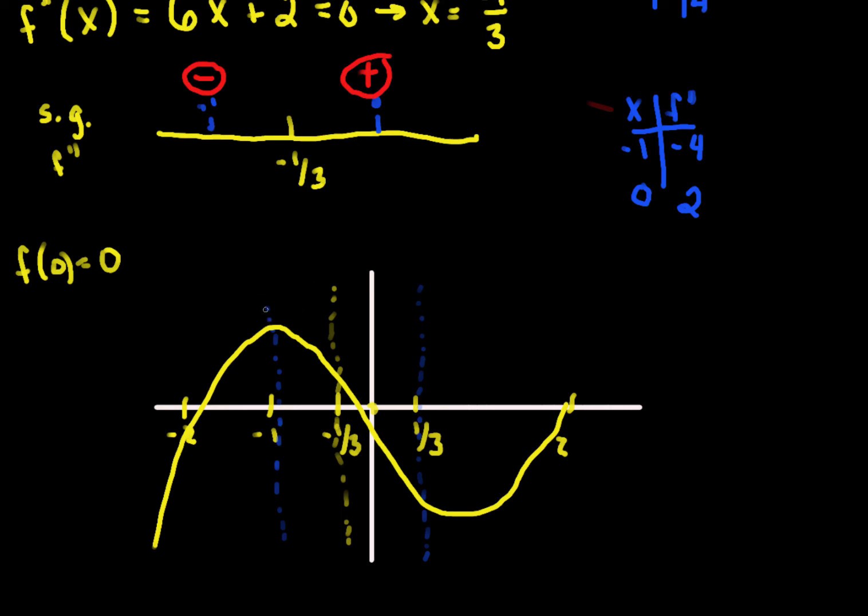So some features we're missing. We've got a local max here. We have a local min here. Here we have what we'll call a point of inflection.